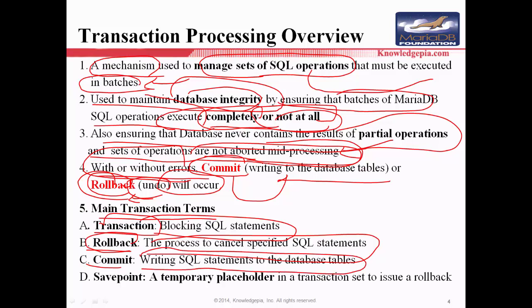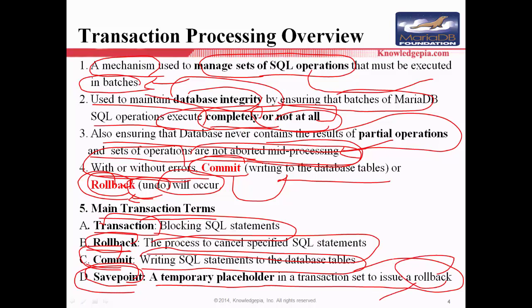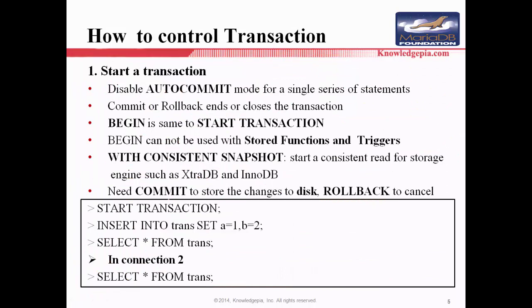Savepoint is a temporary placeholder in a transaction set to issue a rollback; normally it is used with rollback. Later I will show you exact examples.